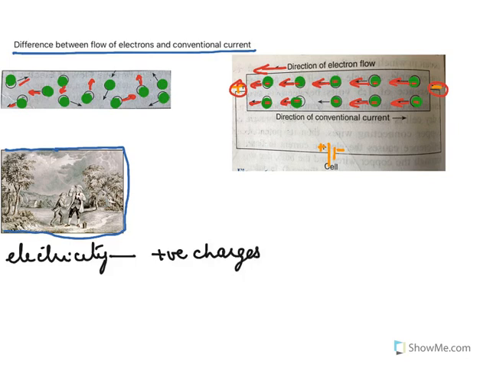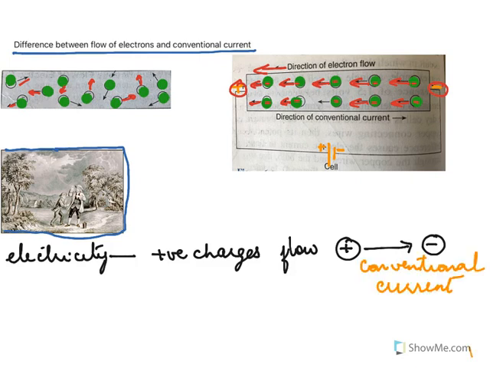And because there were positive charges which were flowing from positive to the negative, this is called conventional current.